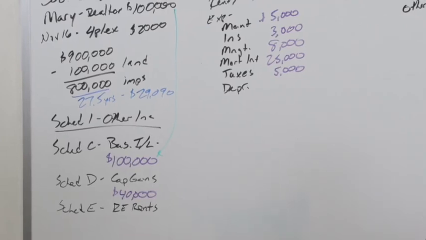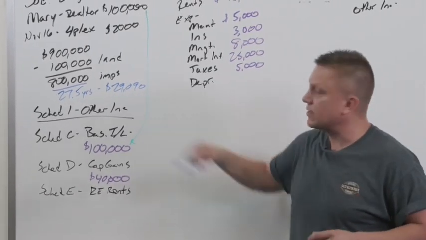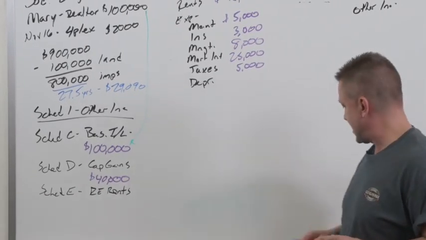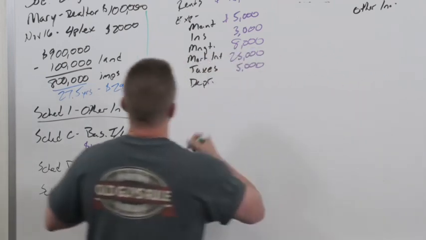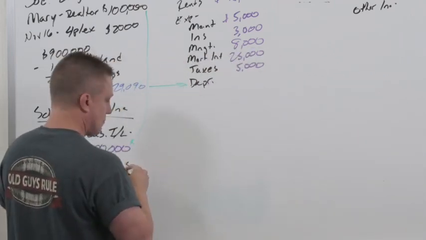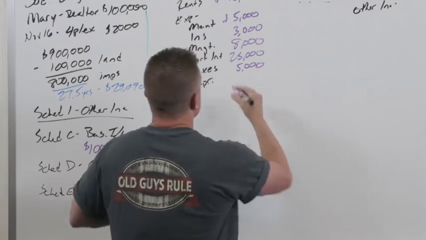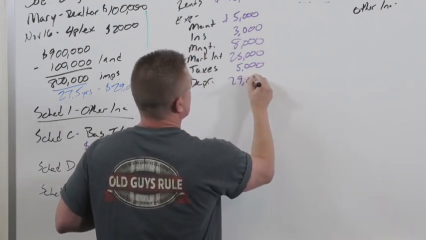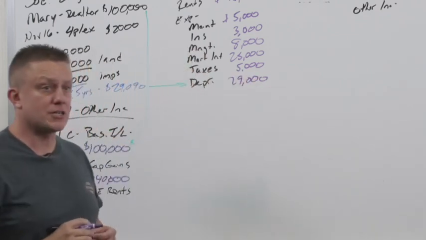Okay? So that means every year for 27 and a half years, they get an extra $29,000. So I'm going to throw that over here. Okay? There's a $29,000, I'm just going to round to make it easy, depreciation deduction.